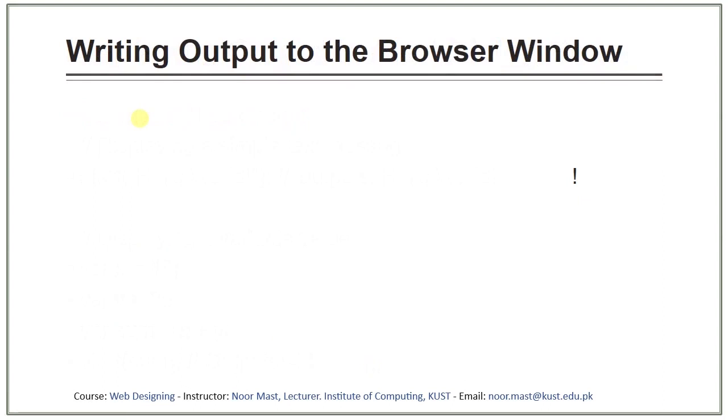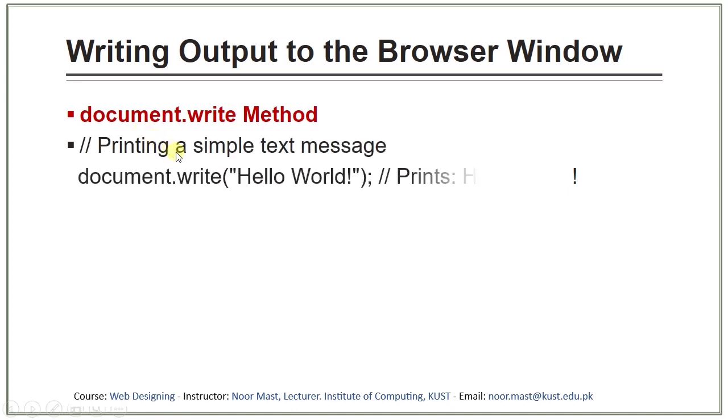Writing output to the browser window. You can use the document.write method to write content to the current document. For example, here we are using the document.write method to write the hello world message in the current document.